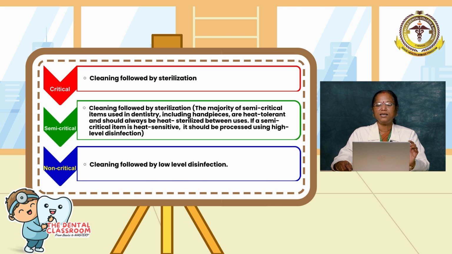It is really advisable for any dentist to procure dental materials which are heat tolerant, because you can adopt a good sterilization protocol. Or else, if it is not heat tolerant, you have to use a high level disinfectant for the semi-critical ones after cleaning. For the non-critical ones, you have to clean them and you can use a low level disinfectant, because it is just going to have contact only on the intact skin. So nothing to worry, and you can just treat it with low level disinfectant.